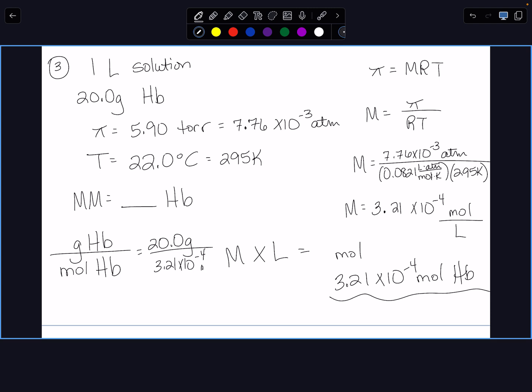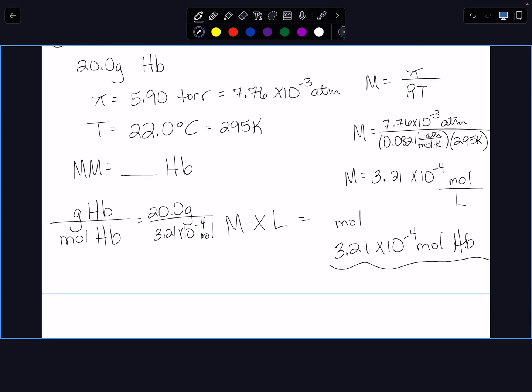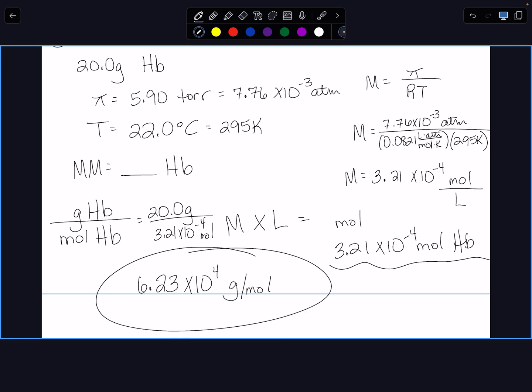It's in the problem. It's going to be a big number, y'all. Hemoglobin's a big thing. 6.23 times 10 to the 4 grams per mole. 62,300 for its molar mass.